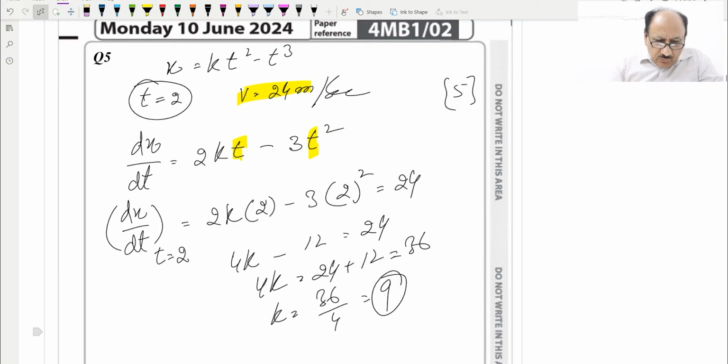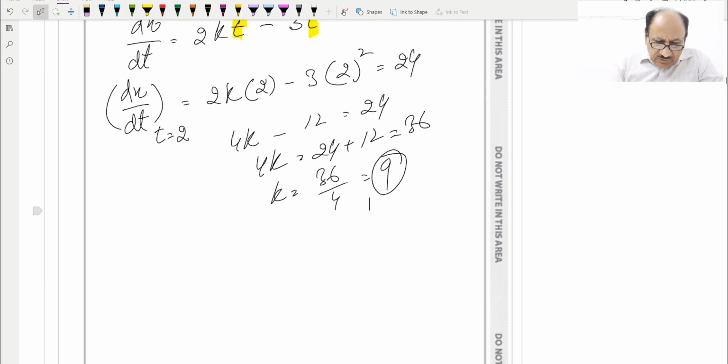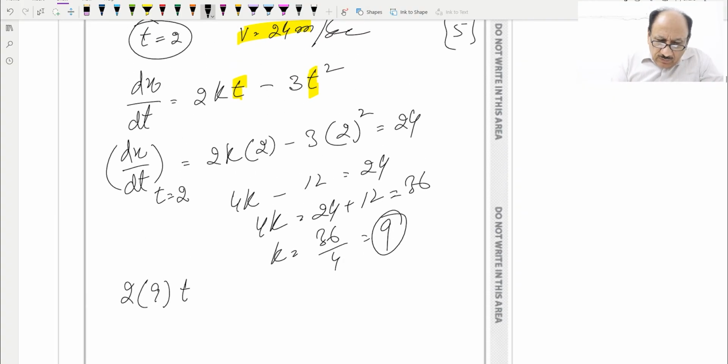Now this k value we will be replacing, because they are saying instantaneous rest at this point. So to find the distance, we will be replacing k equal to 9. Which equation are we replacing in? The velocity, because the velocity is 0 when reaching rest.